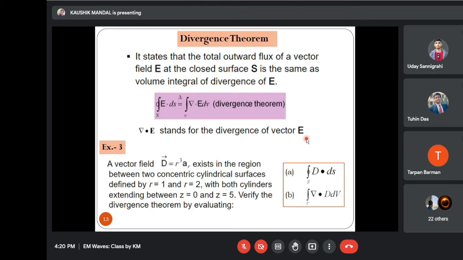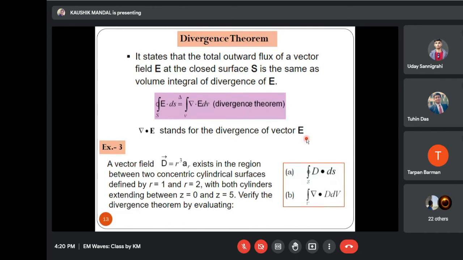Now an example is considered. The vector field is given as D equal to r squared a_r, that exists in the region between two concentric cylindrical surfaces, where the two cylindrical surfaces are defined by r equal to 1 and r equal to 2, with both cylinders extending from z equal to 0 to 5.